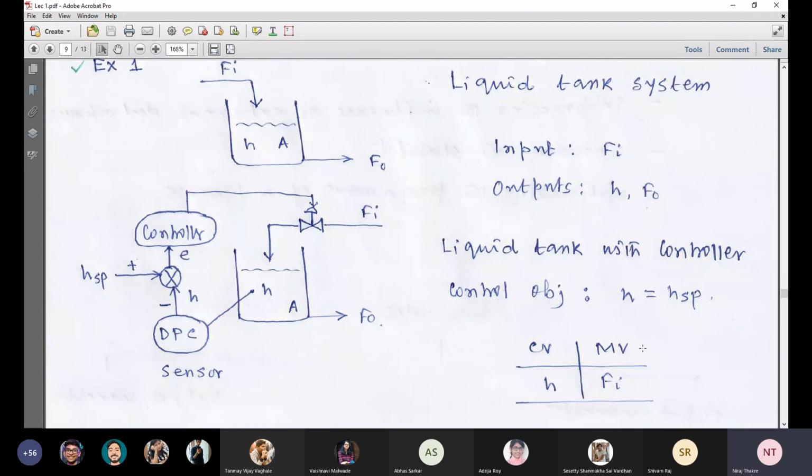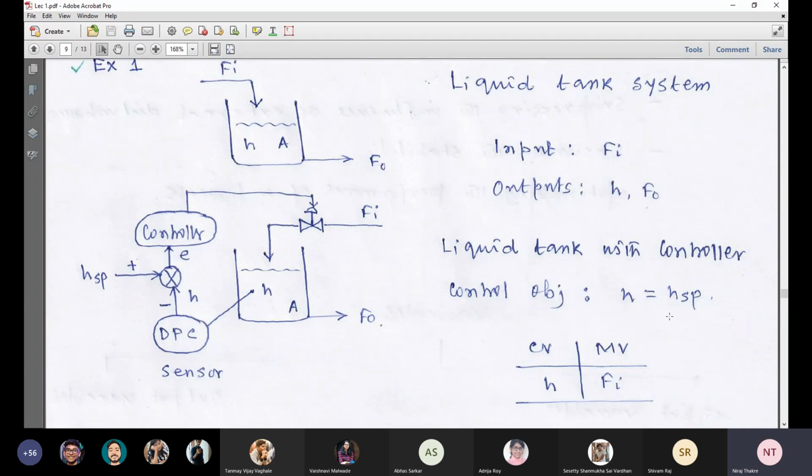Now second step is to find the control variable, manipulated variable pair. This is the second objective. We need to identify the control variable, manipulated variable pair.